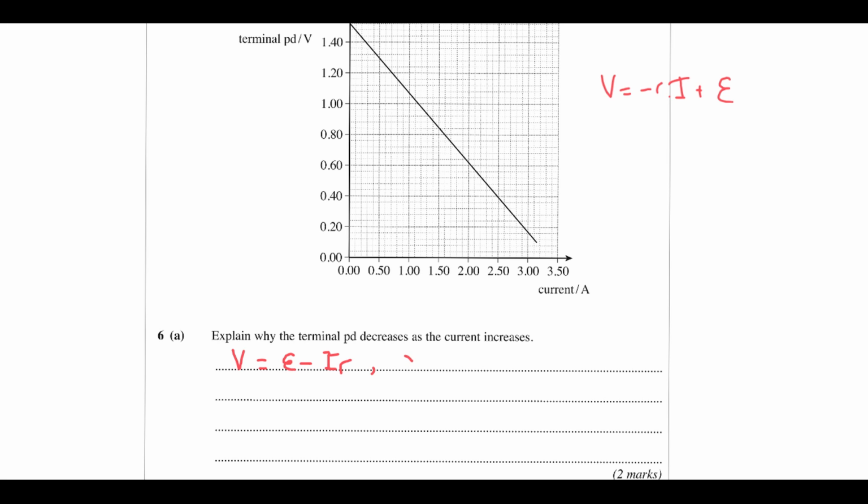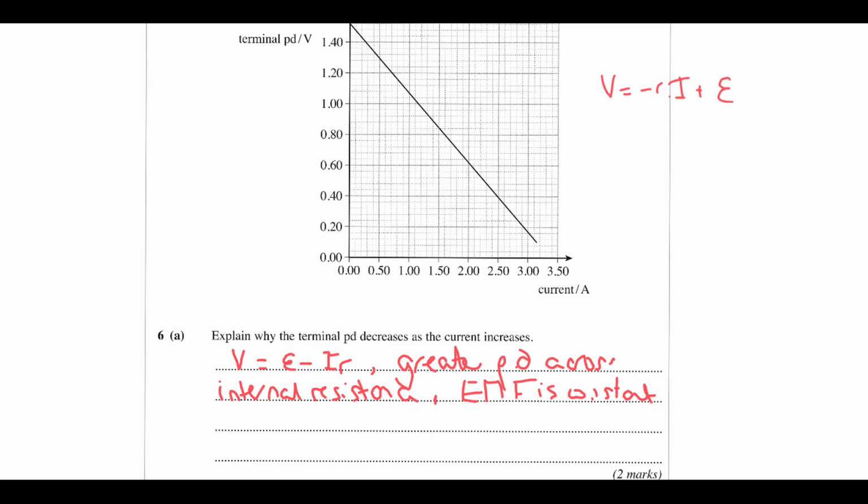So there's a greater potential difference across internal resistance. EMF is constant because for any power source, they have a fixed EMF.